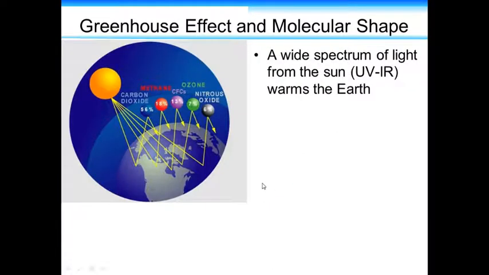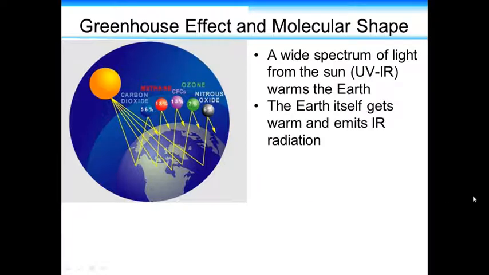So now how does molecular shape influence whether or not you have a greenhouse gas? Well, as we know already, there's quite a wide spectrum of light that comes from the sun. There's UV radiation, visible light, as well as infrared light. The Earth is warmed by this electromagnetic radiation, and then it re-emits some of it.